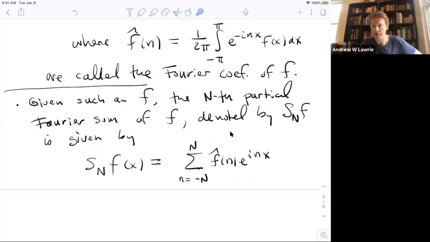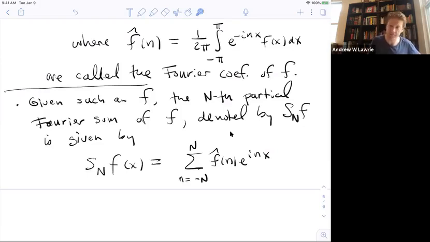So the Nth partial Fourier sum is this trigonometric polynomial. You compute the Fourier coefficients of f. You can do this for any Riemann integrable function, so these numbers are defined for each Riemann integrable function, and then S_N f of x is defined as well, because it is now a nice continuous function. In fact, it's a trigonometric polynomial, which is a smooth function.